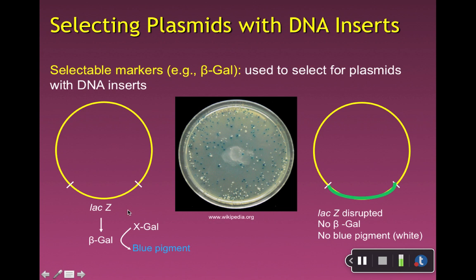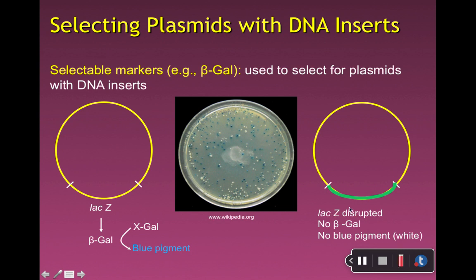So the point is, if you have an intact plasmid, like we see toward the left, those colonies will produce a blue pigment. And you're not really interested in those, because what you're interested in are plasmids that have had a piece of DNA inserted into them, as we see toward the right. So the green portion, that's a piece of DNA that has been inserted into the plasmid. And when that happens, that will disrupt that LAC-Z gene, because it's inserted right into the middle of the LAC-Z gene.